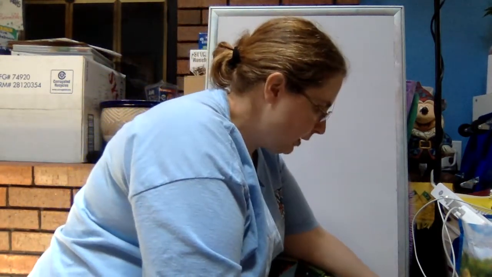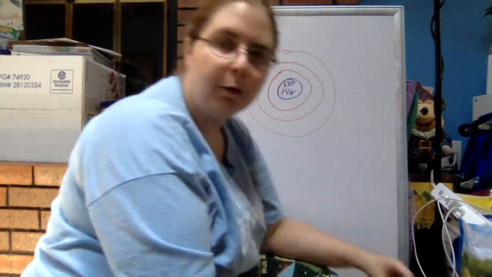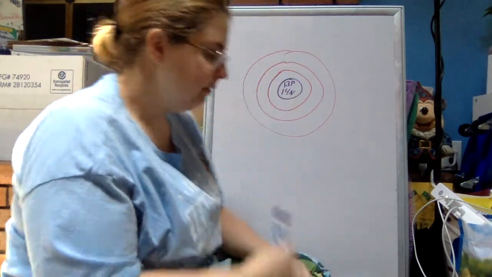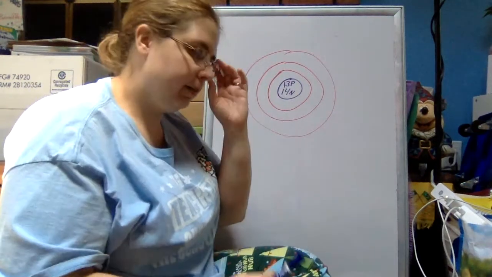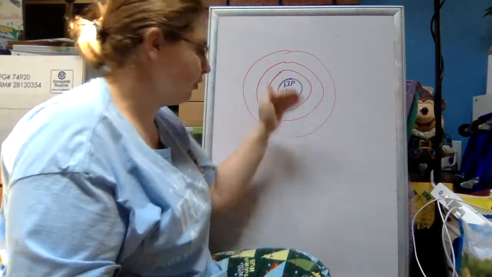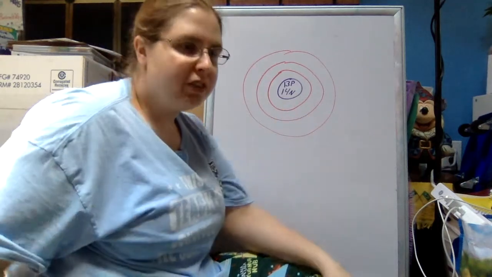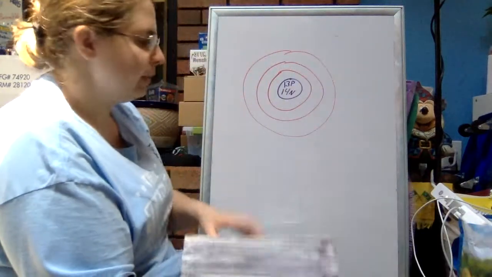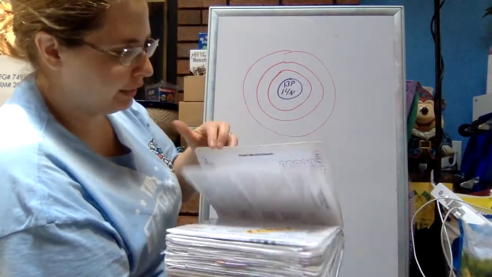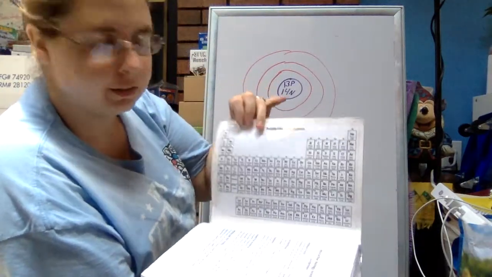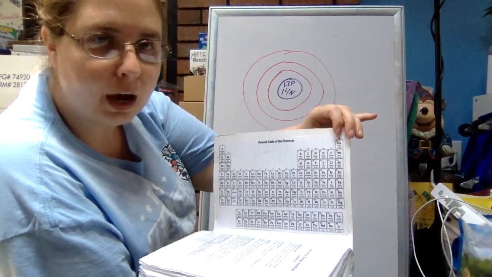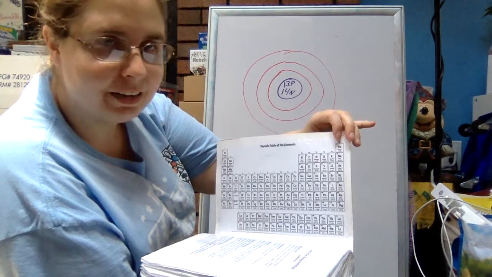And next we have to figure out, okay, how many electrons go in each ring? Well, I have the number of electrons that can fit in each energy level memorized, but that's just because I've done this so many times at this point. Remember how we said that since it's in row 3, it means that there are 3 rings? Well, the number of actual elements in each row tells us how many electrons that energy level can have.